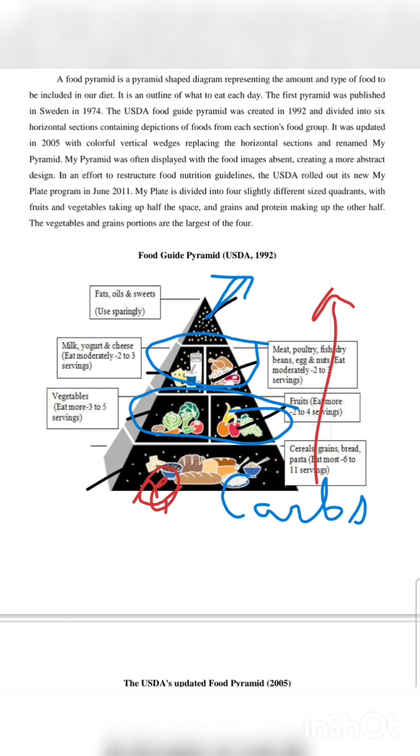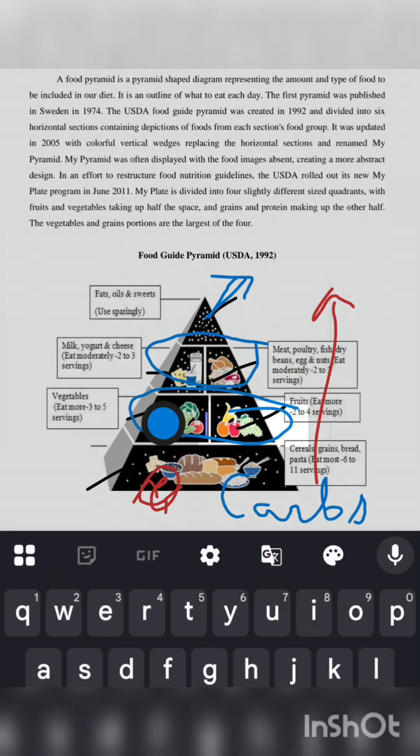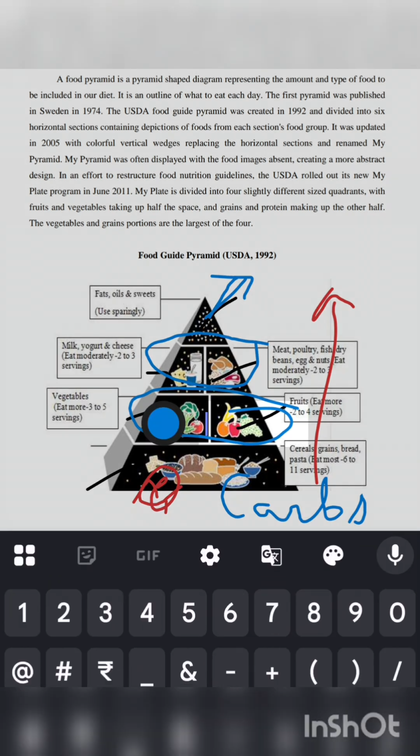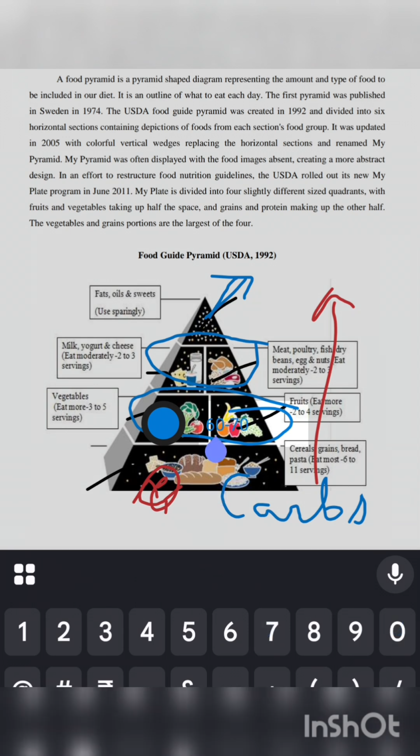So this is the quantity, like we have studied, 60 to 70% of carbs we need in our diet, right?